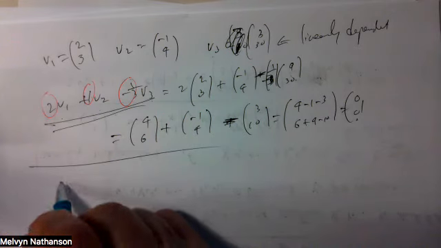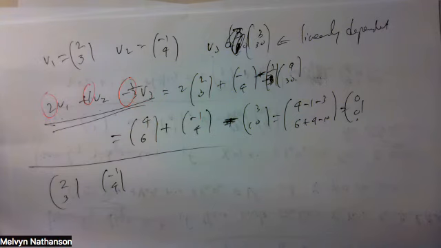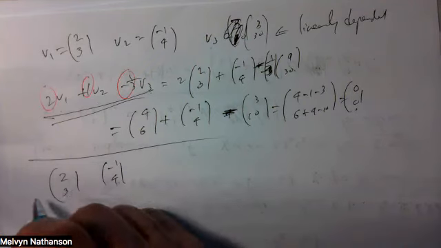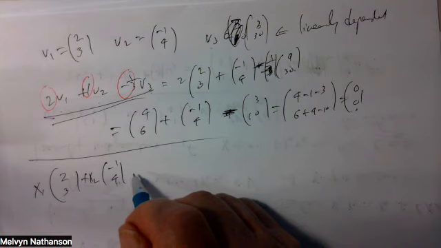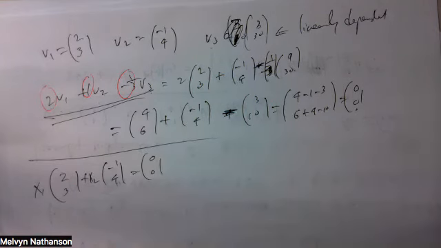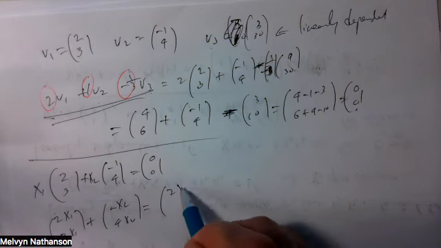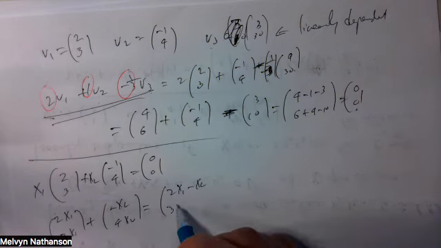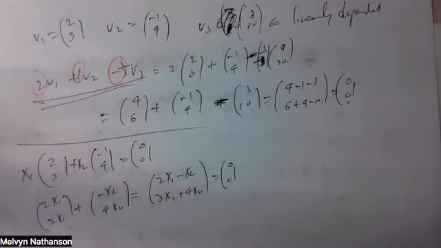But if I just took the first two of them, (2, 3) and (-1, 4), I claim these two vectors are linearly independent. And how will we show that? Suppose some linear combination of these two vectors is the 0 vector. So this is the vector (2x1, 3x1), and this is the vector (-x2, 4x2), which is (2x1 minus x2, 3x1 plus 4x2), and that's the 0 vector.